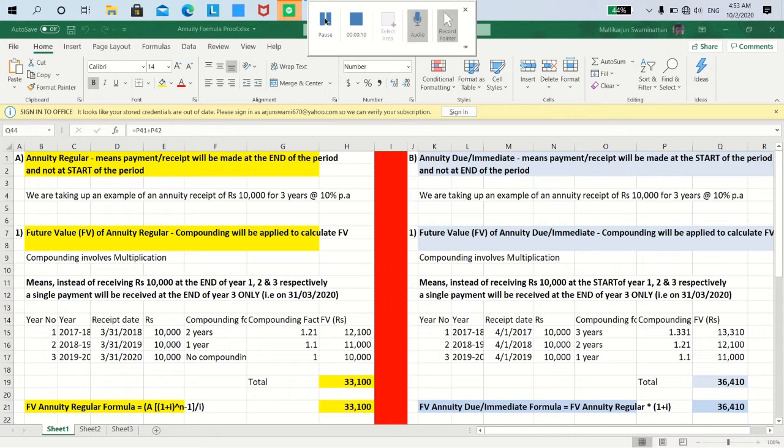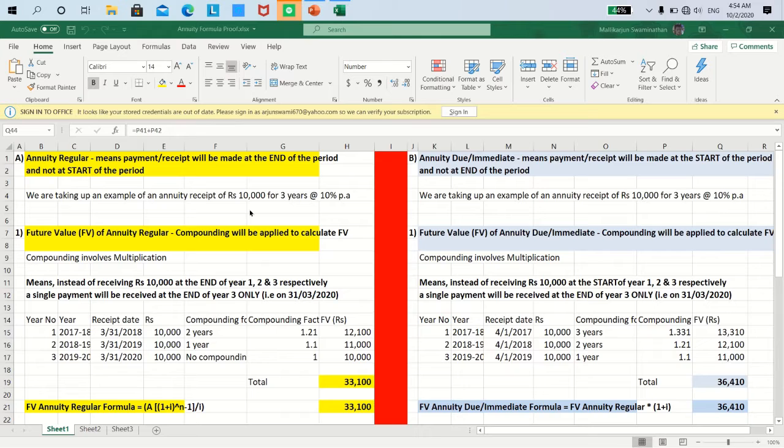Students, in the past, I have been referring to an Excel sheet titled Annuity Formula Proof. And now, in today's session, we are going to go through this particular Excel sheet to understand the benefit of using the formula for FV annuity regular, PV annuity regular, and FV annuity due immediate or PV annuity due immediate over the long method, the detailed computations.